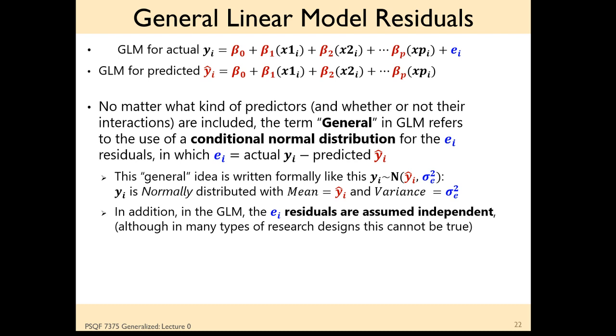Multilevel, when it's clustered. If you have students in classrooms, the residuals among those students are going to be more alike than across different classrooms. Students from the same classroom or teacher are likely more alike than students from different ones.